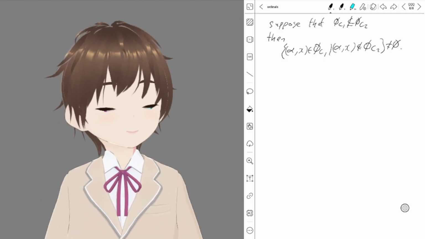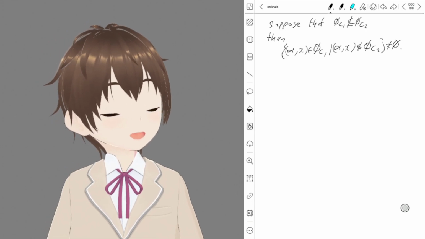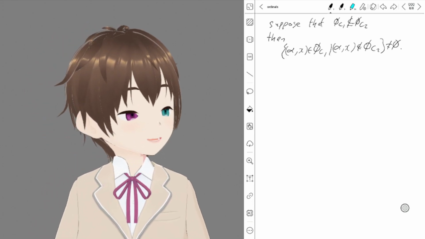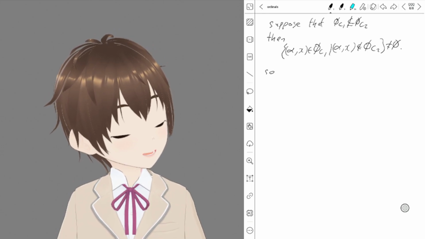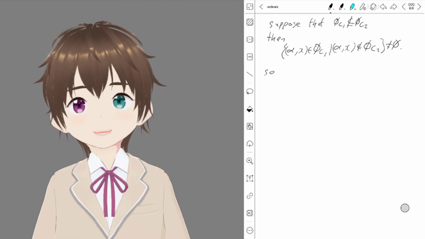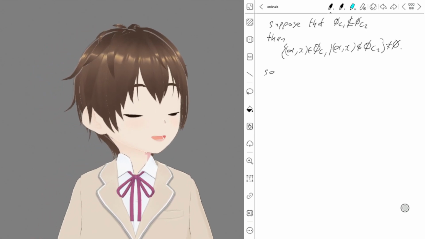Okay, now I have a non-empty set, and they're essentially ordinals. They're not quite ordinals because they have these x's tied to them, but they're essentially ordinals. So there's a smallest thing in its domain which is not in the domain of phi C2.